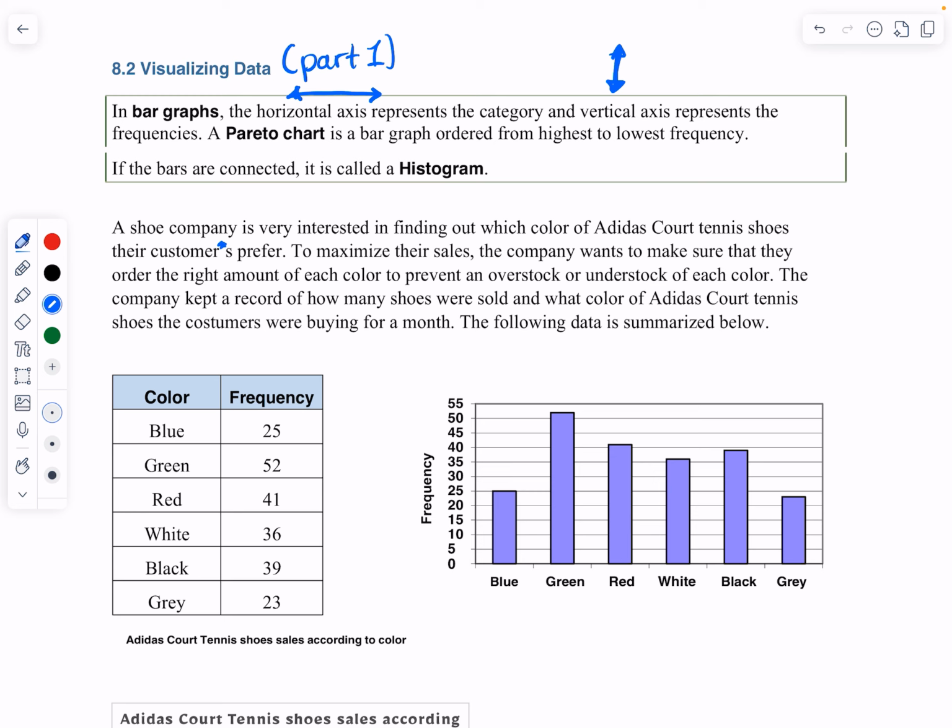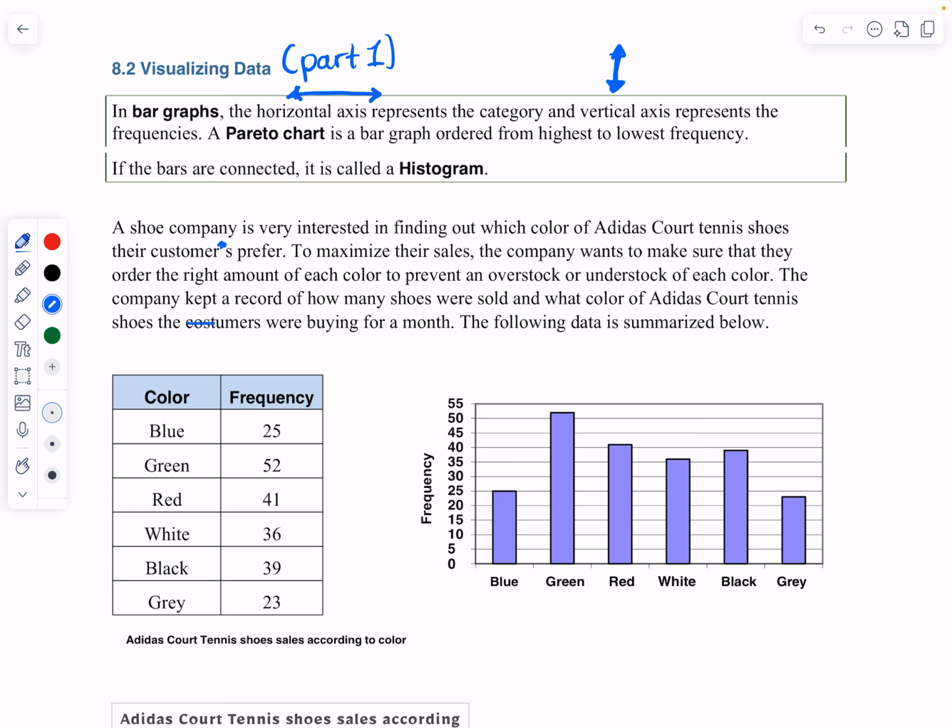The company kept a record of how many shoes were sold and what color of Adidas court tennis shoes the consumers were buying for a month. The following data is summarized below.